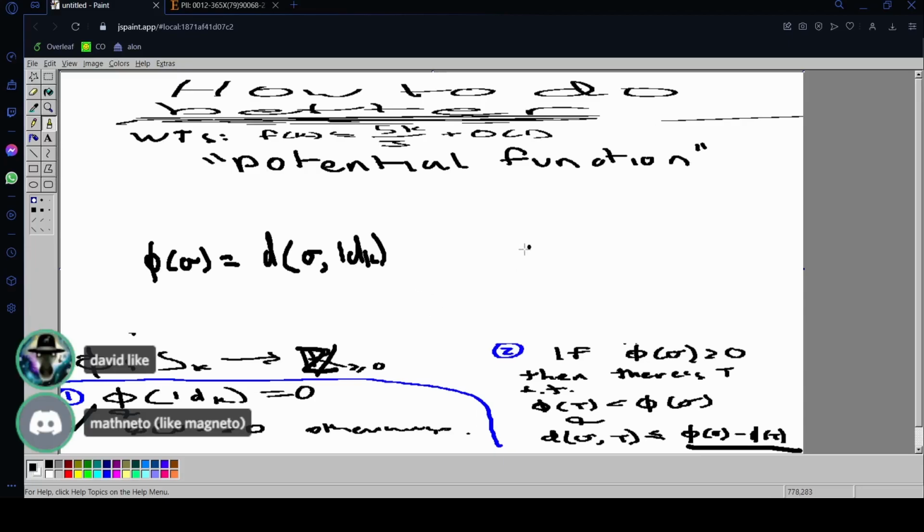Essentially, if I have id k and I have some point which is two moves away from id k, then there must be some path of length 3 from the identity to sigma.